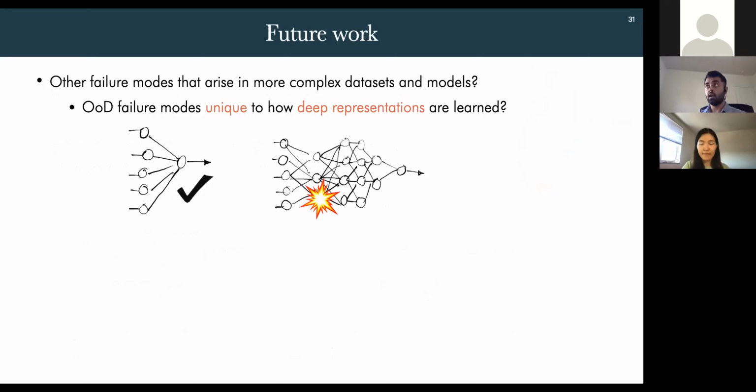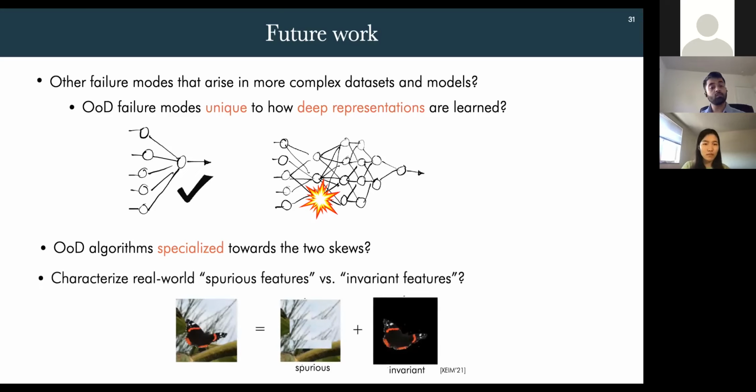Another more practically important question is, there are some general purpose out of distribution algorithms. Could we try to specialize them to the kinds of skews? Can they take advantage of the knowledge that we have about these skews in order to improve their performance? And a much broader and fundamental question is to understand what sort of distribution shifts happen in practice.